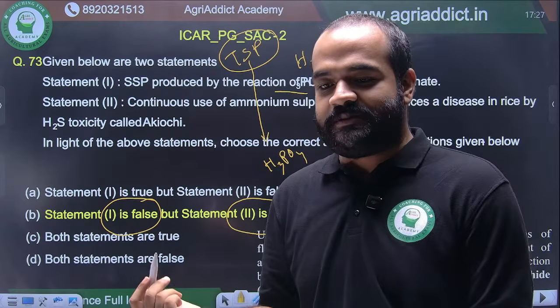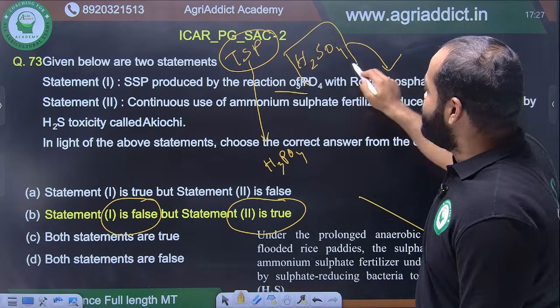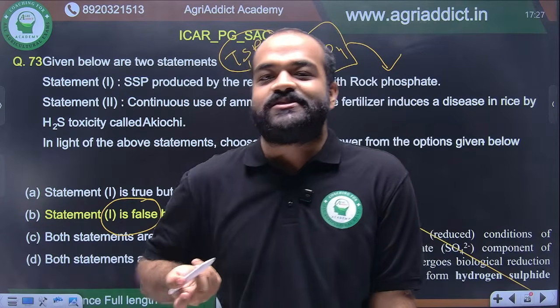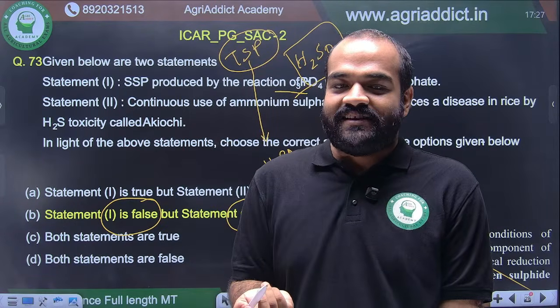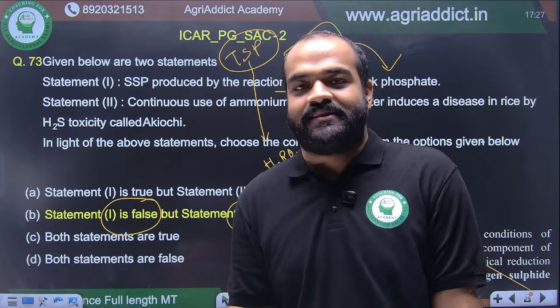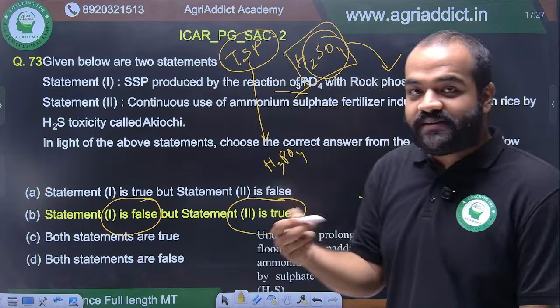So SSP is formed by H2SO4. इसमें अगर सल्फ्यूरिक एसिड नहीं रहेगा तो SSP में जिप्सम कहाँ से आएगा? CaSO4 कैसे प्रोड्यूस होगा? What is SSP? SSP is monocalcium phosphate plus gypsum, CaSO4. So उसके लिए तो SO4 चाहिए ना? That would be sulfuric acid.